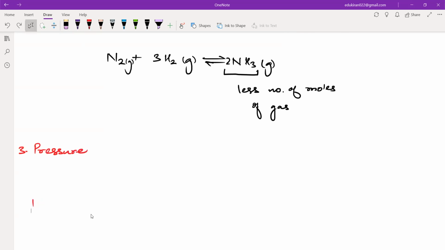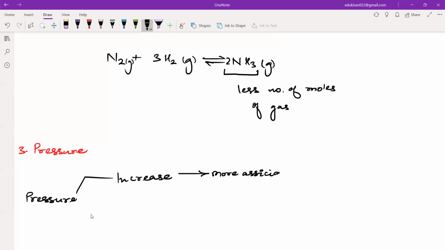So if I increase or decrease the pressure, there is pressure here. If I increase the pressure, then there will be more associations, and that will lead to the shift of equilibrium towards less number of moles of gas.